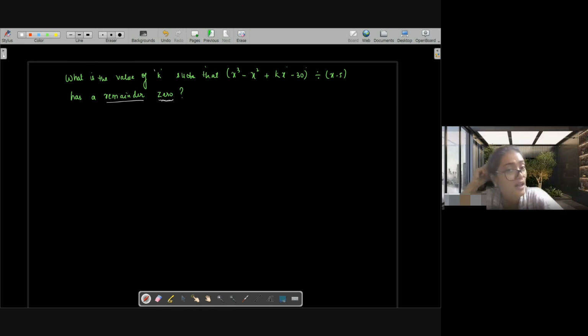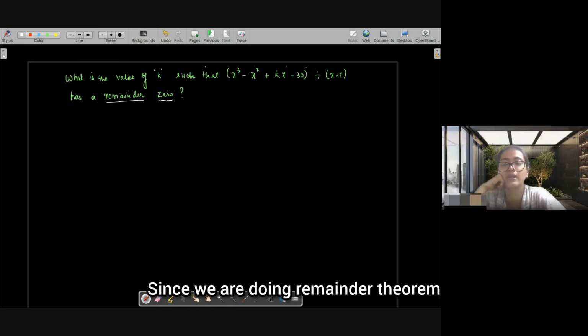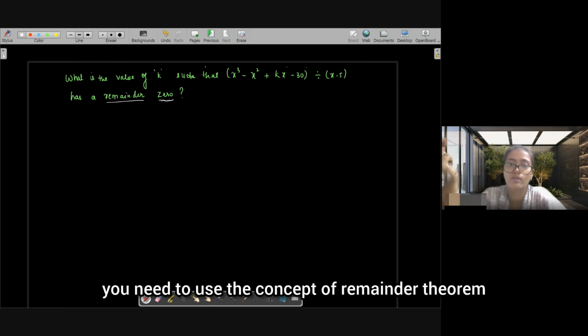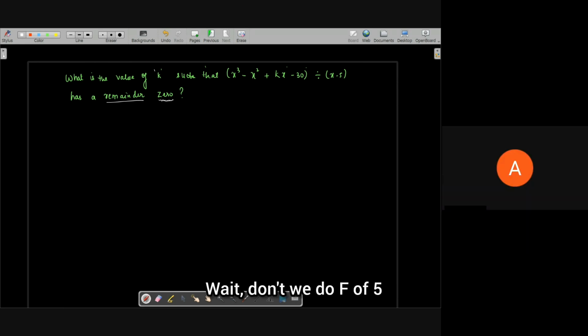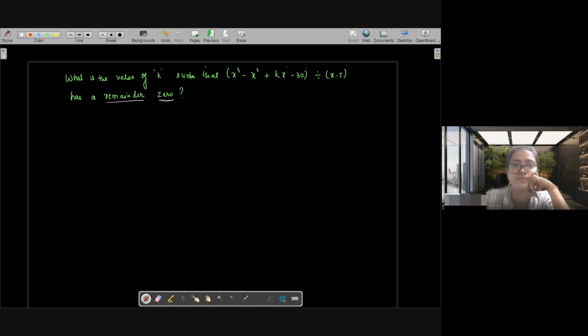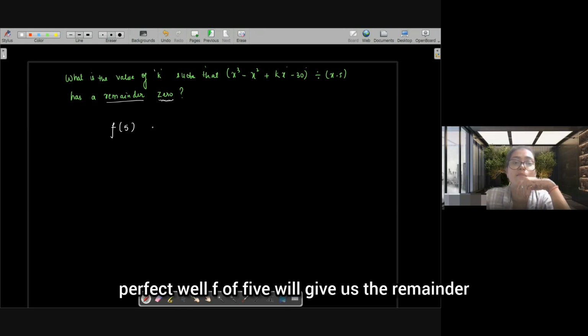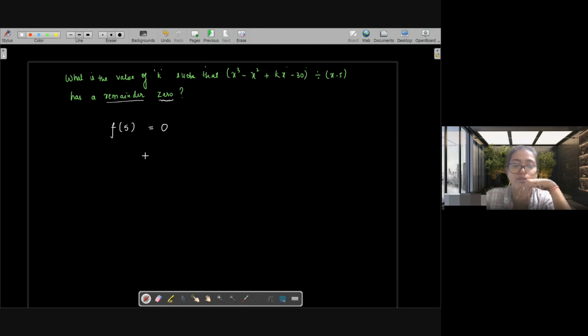Obviously, since we are doing the remainder theorem, you need to use that concept. Wait, don't we do f of 5? Yes, exactly. F of 5 will give us the remainder, and that is 0.